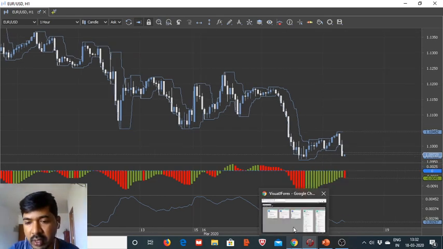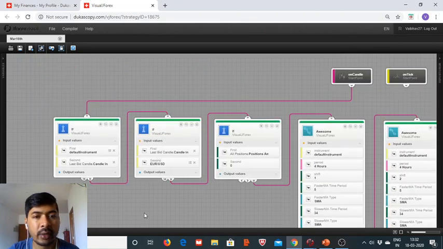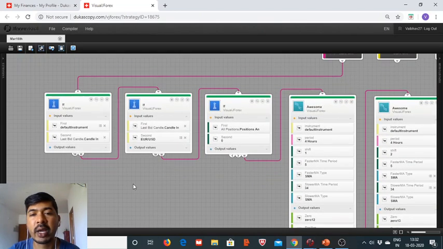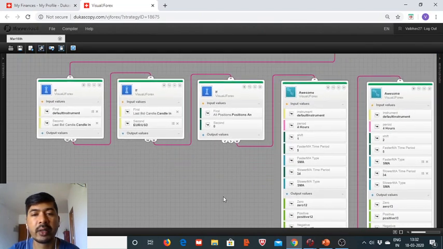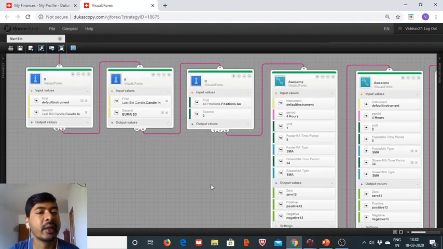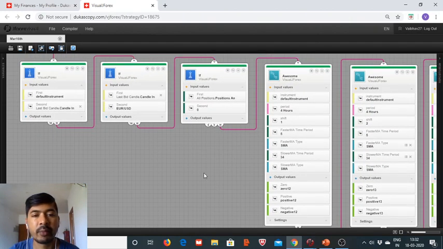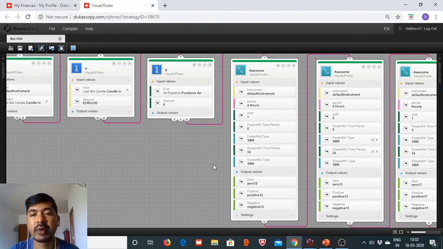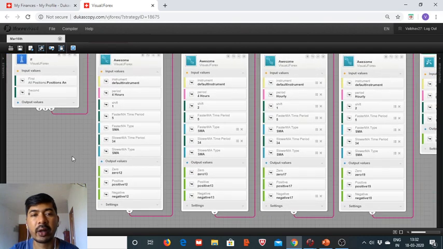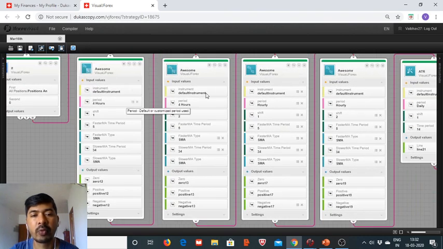So let's get started. This is the setup which we have done so far, and I hope you are well familiar with it. This is the simple standard subscription for the instrument EUR/USD. This is the position amount defined at 0. Then these are awesome indicator blocks for 4 hours, shift 1 and shift 2.